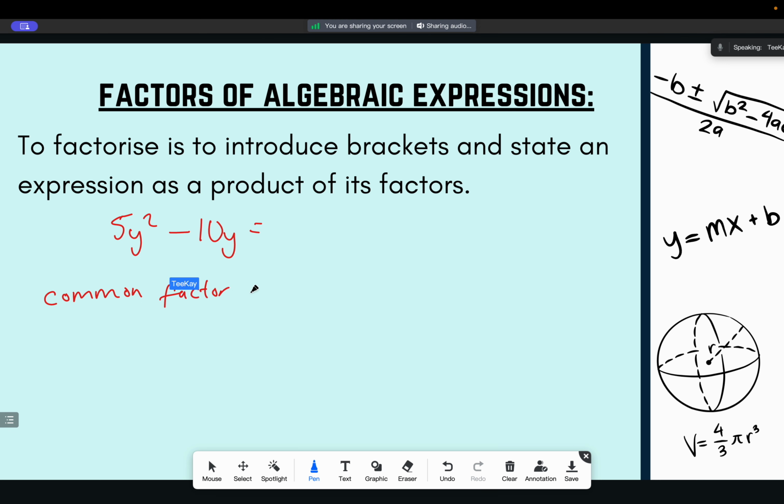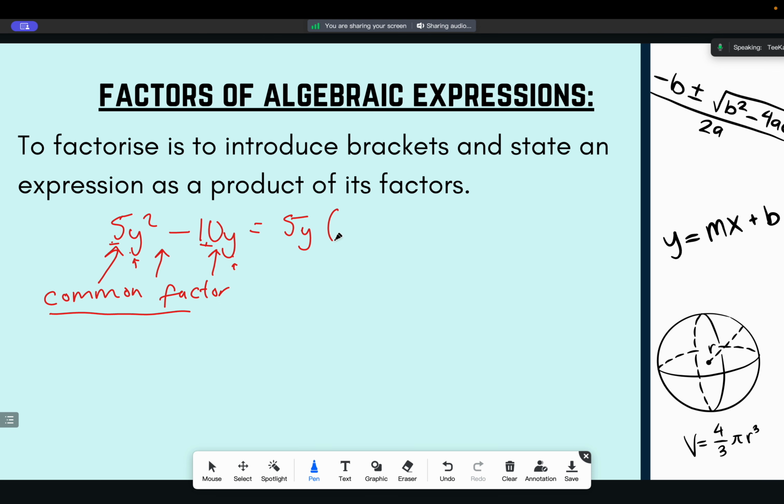A common factor means a number that can divide into each of these terms without leaving a remainder. In this case, we start with the real number. We have 5 here. 5 can divide into 5. 5 can divide into 10. So let's take 5. And then for letters, we have y. We can divide y into y and y into y squared and y into y.